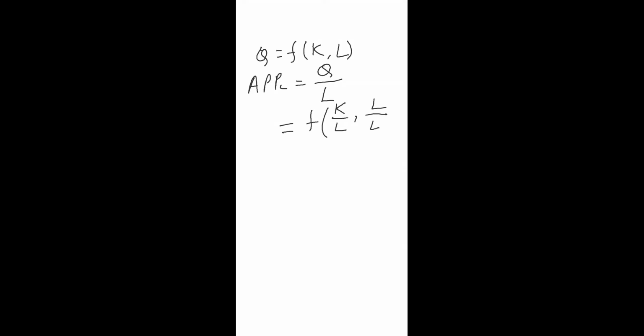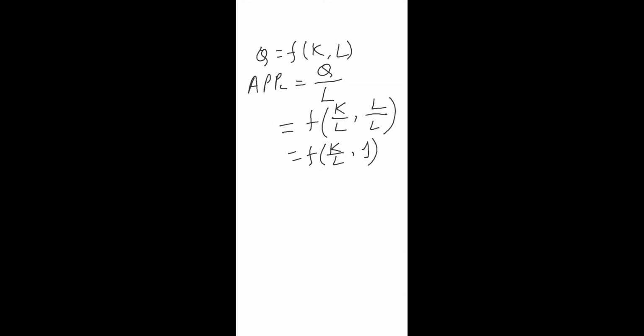Here our function is Q is a function of K and L. So average physical product of labor equals Q by L. We have to divide the whole function. Q by L means a function of K by L and L by L. Clear? Yes, ma'am. So function of K by L, comma 1. Is it clear?